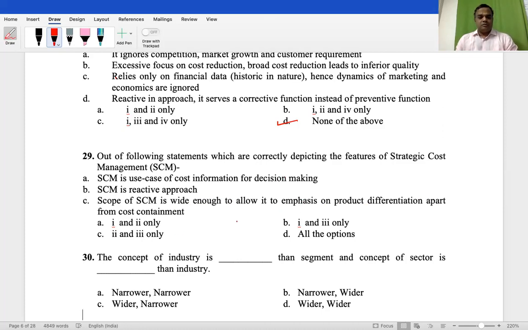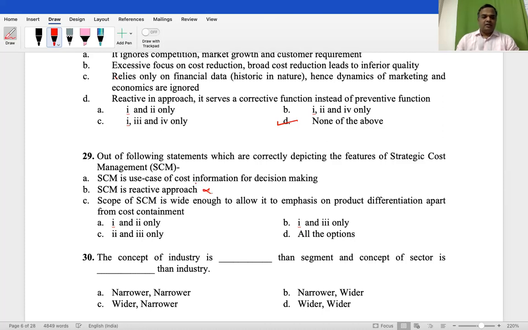Option C, sir, 1 and 3. B and C are the same option, sir. Is one correct or not? Reactive approach or proactive approach? Proactive approach. Strategic cost management has a proactive approach, therefore the second is not correct.